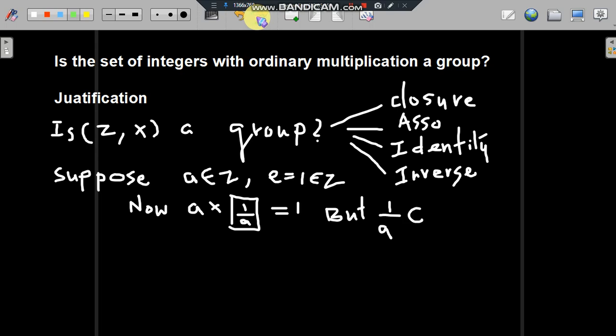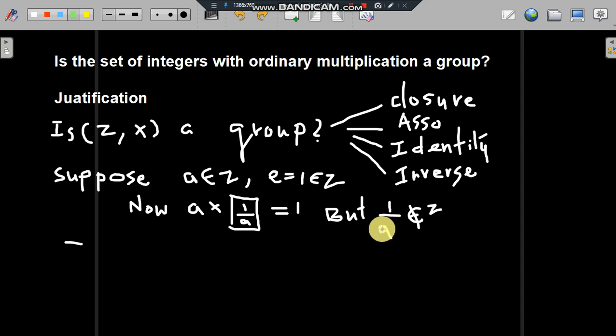This number also must belong to Z. For each A, there must be an inverse, such that if you multiply any number by its inverse, we get the identity number. But here it is impossible.